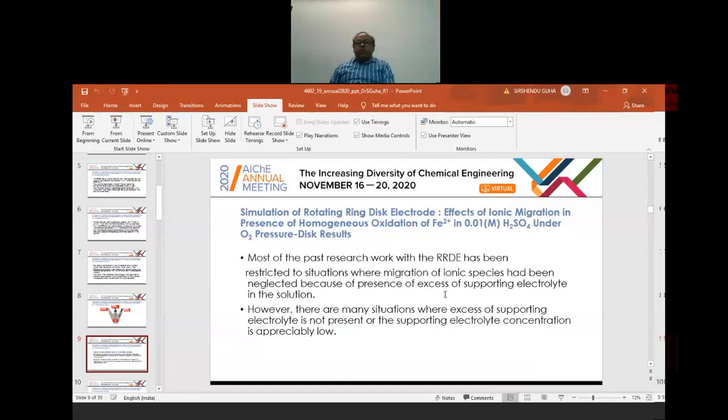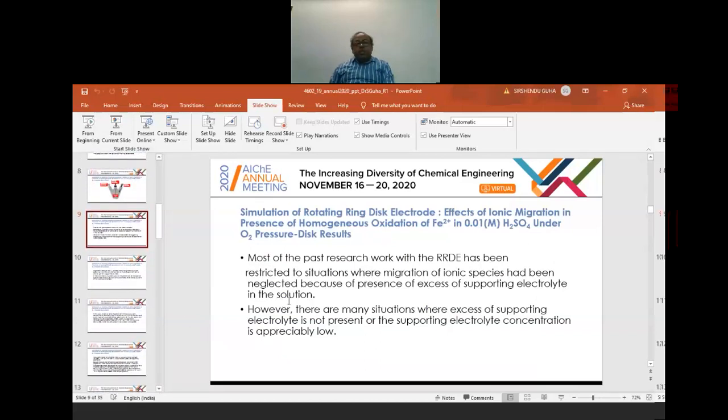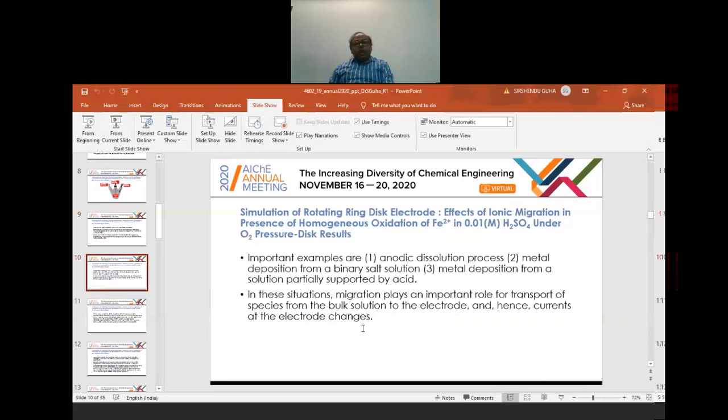Supporting electrolytes are those electrolytes like sulfuric acid, hydrochloric acid, which when used in excess in an electrochemical reaction lead to enhancement of the conductivity of the solution and the initial gradient becomes nil. So the migration mode of transport for these situations becomes insignificant. But there are many situations where the supporting electrolyte cannot be used.